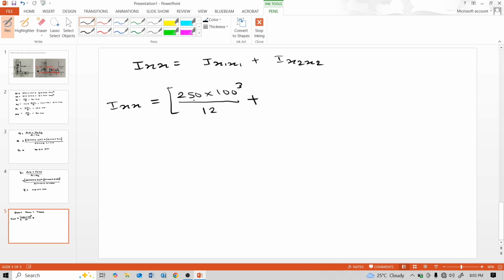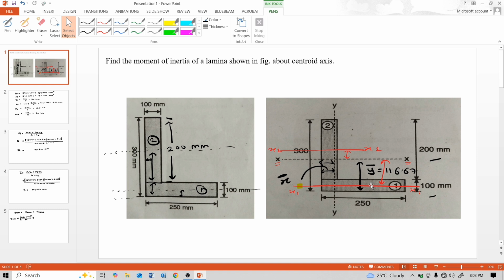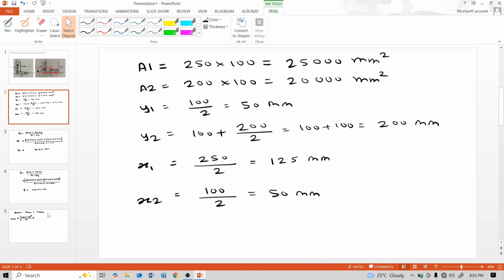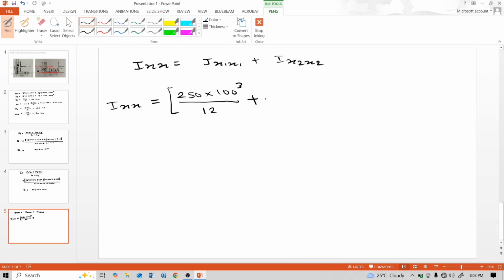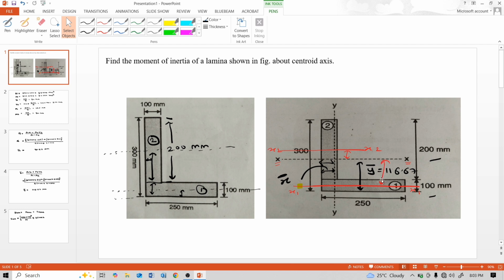Plus area of this first rectangle, A1, is 25,000, multiplied by the distance between the Ix1 axis and the original axis. The original axis is located at a distance of 116.67 from this x1 axis.